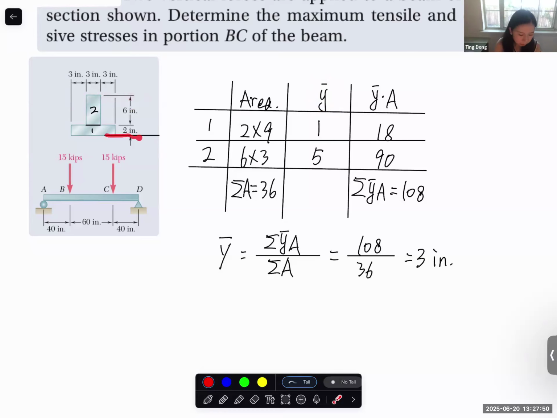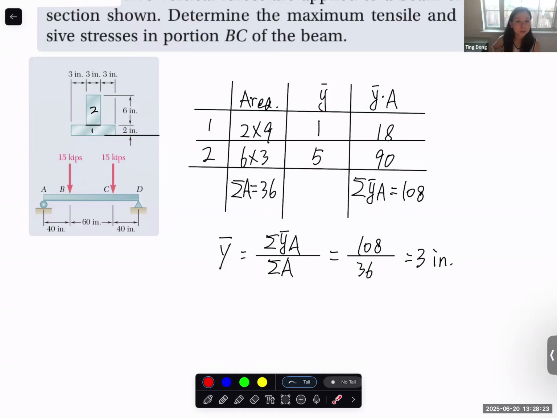Let's say I choose this bottom line as reference line: y bar for area 1 is the distance of the centroid of the first rectangle to this reference line, which should be 1. The y bar for the second area is the distance of its centroid to this bottom line, which should be equal to half of 6, 3, plus 2, which is 5. Make sense or not?